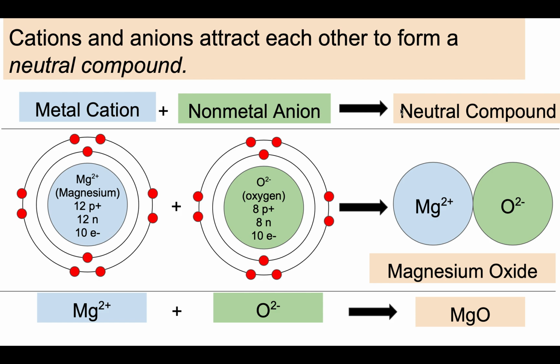Opposites attract. So, a positive plus a negative is going to end up with a nice neutral compound. So we started with our magnesium, we combined it with oxygen, and we end up with magnesium oxide, as represented by the chemical formula MgO.